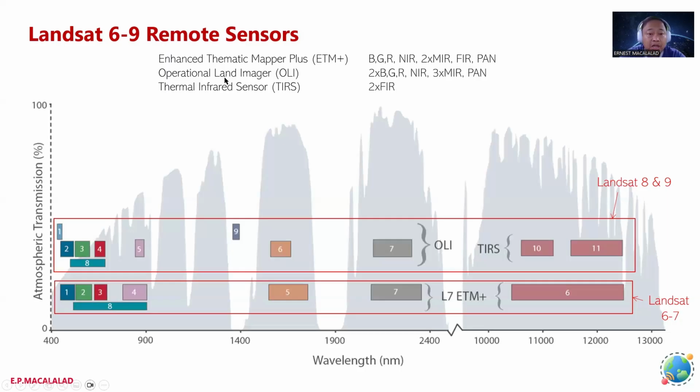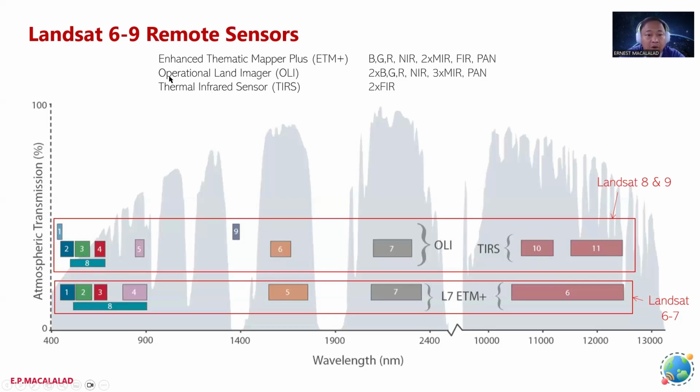You have the Operational Land Imager or OLI. This has two blues, one green, one red, one near infrared, three mid infrared, and one panchromatic. Panchromatic is this one, number 8.